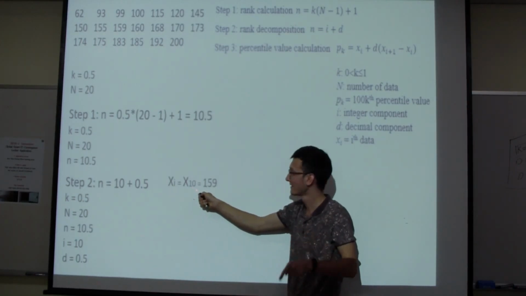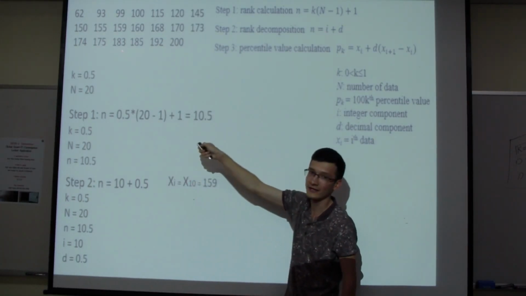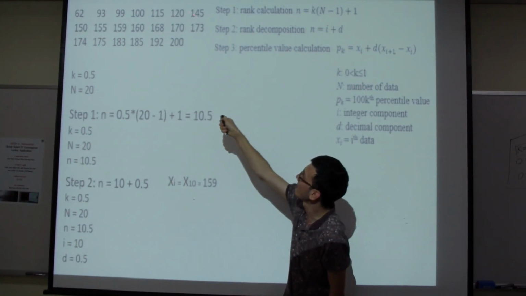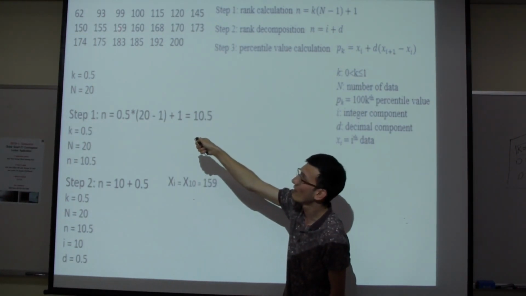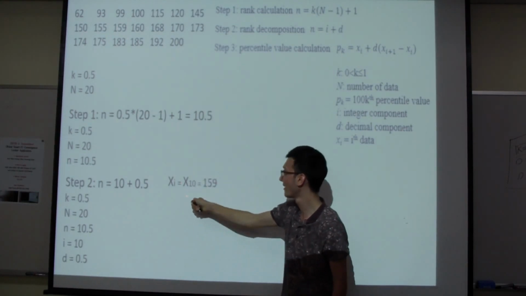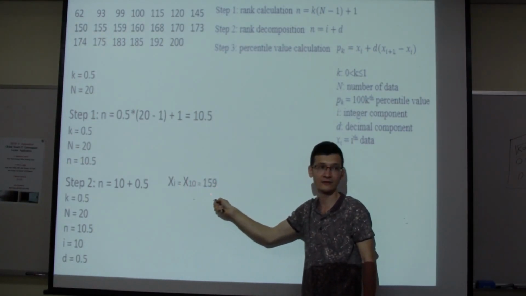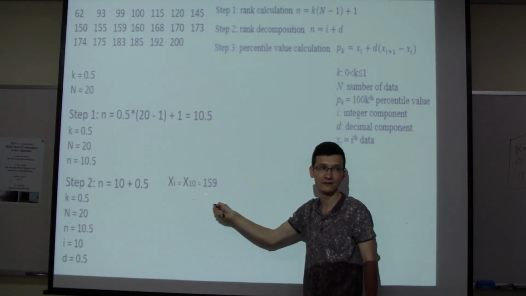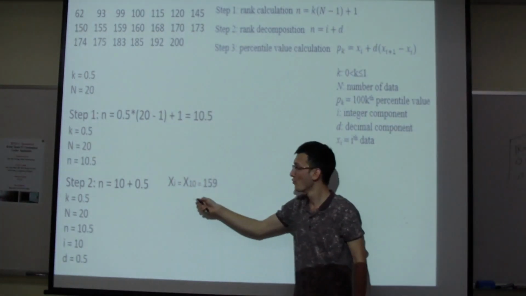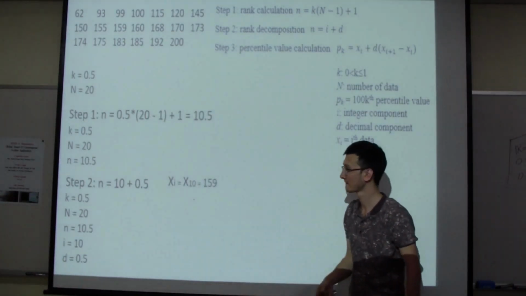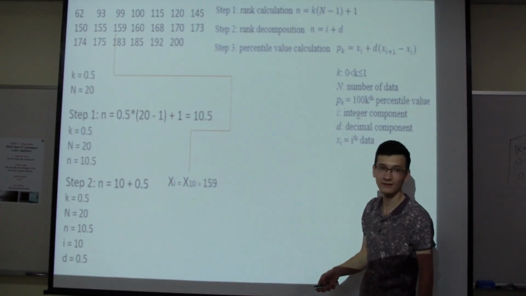It means the 10th element in our data. 1, 2, 3, 4, 5, 6, 7, 8, 9, 10. So our x10 is 159. We can find our x from our data.